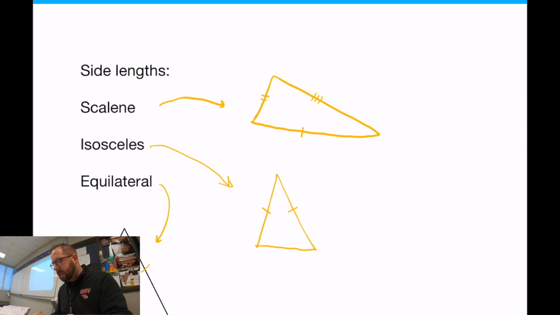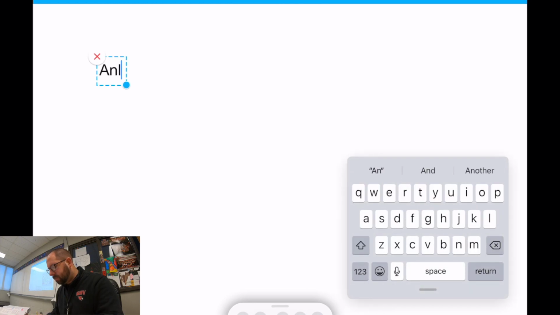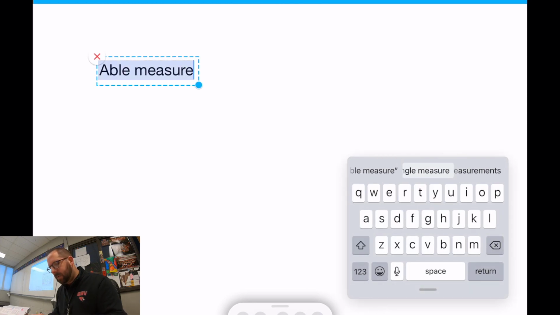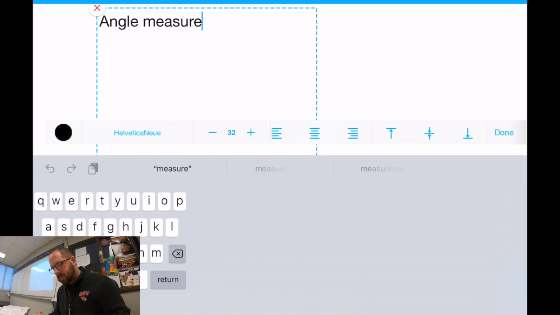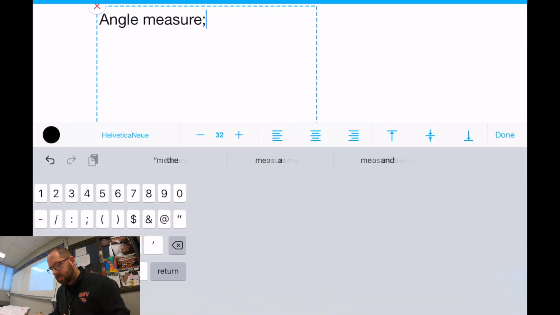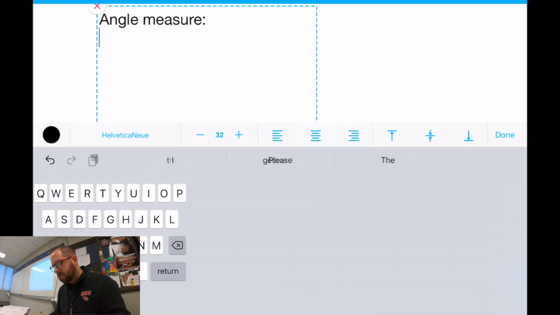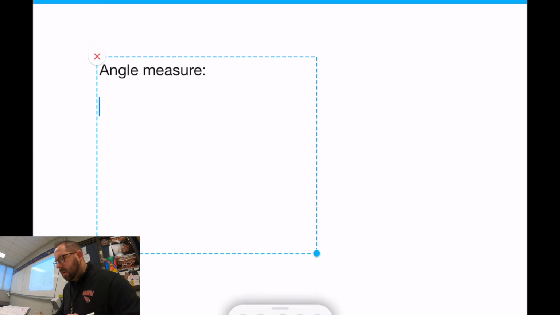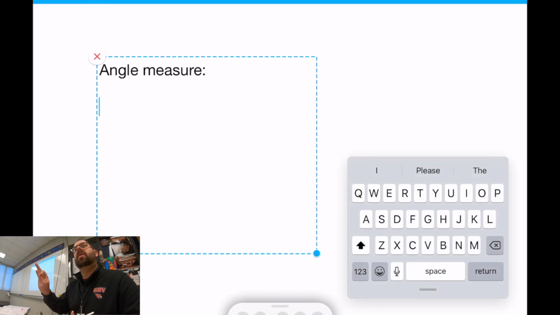Perfect. Okay. All right, next, we're going to talk about a triangle by its angle measure. What are the three words we can call a triangle by its angle measure?